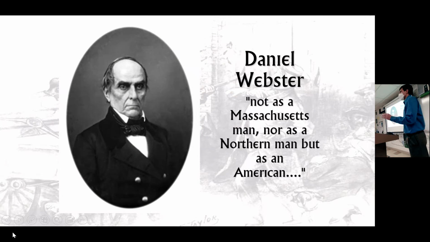Daniel Webster of Massachusetts, the Whig, who fought against the nullification, he came out and supported this bill and gave what was his greatest speech, even though he too was faltering. Where he came in, well, you can read it, but the whole idea was we can no longer think about just our state or our section. We must come together as Americans and pass this compromise or the country's over.